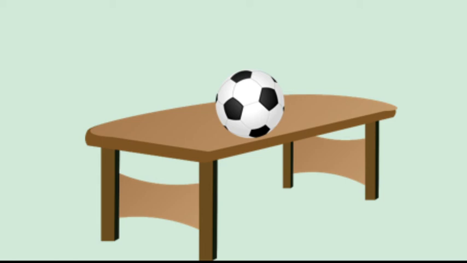How about if the object is already in motion? How will the unbalanced force affect its motion? Place a ball on the desk, then push it gently on the other side. Observe the motion of the ball as it rolls on the desk. What makes the ball stop rolling after some time?